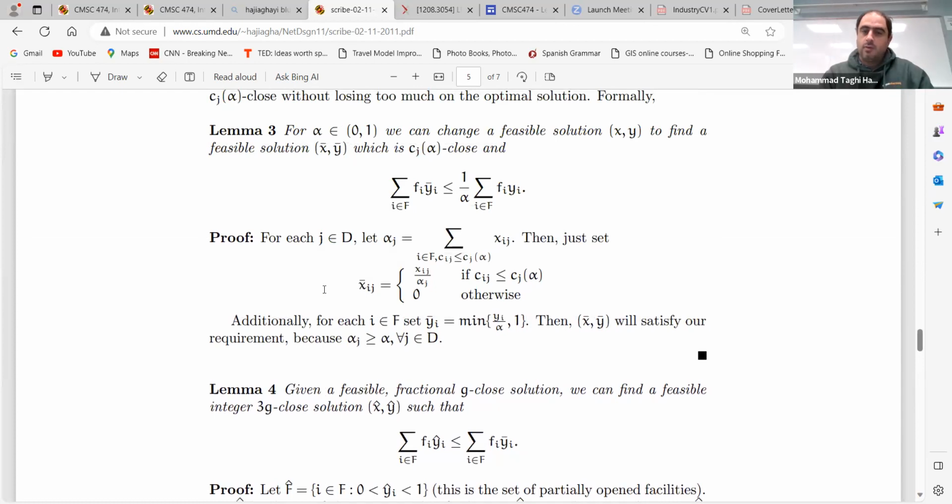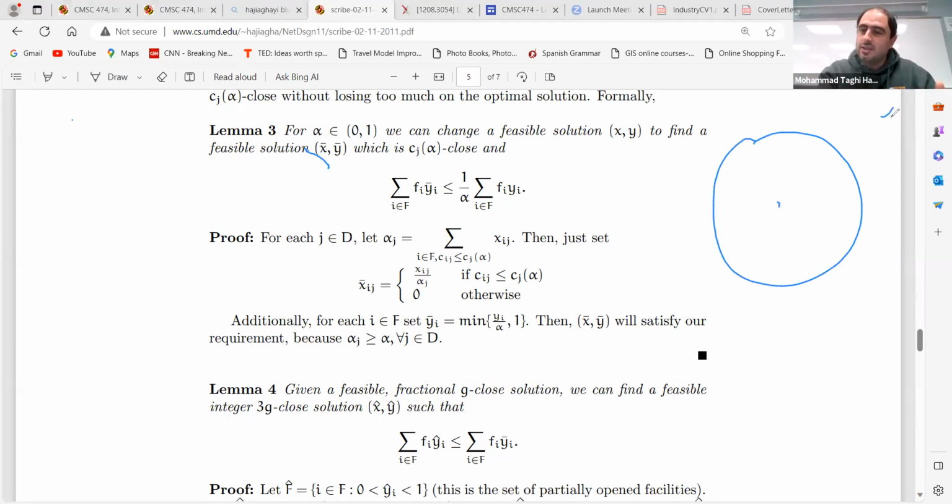So what did happen? We considered this solution xij, yi. From that, we got this new solution, x bar, y bar. And what did we do? Essentially, we had some kind of concentration, moving more toward the average.